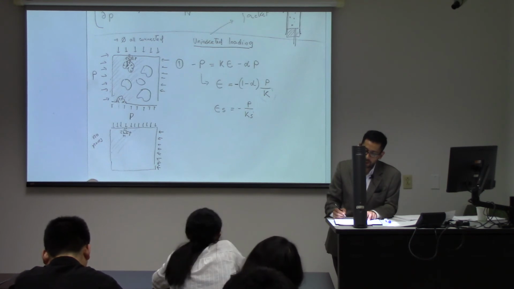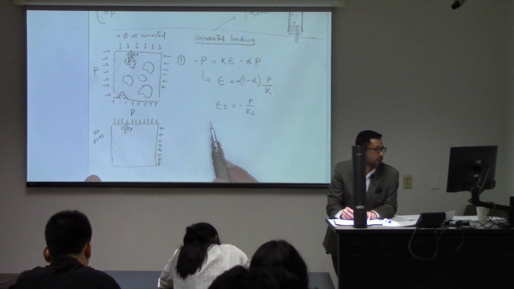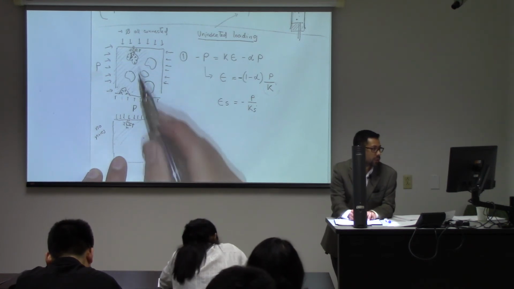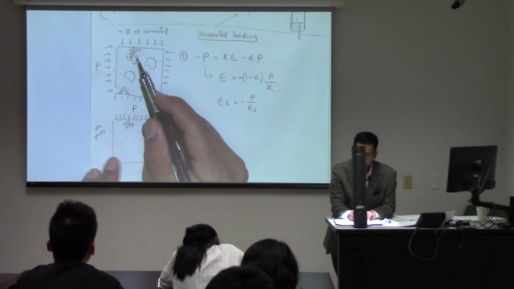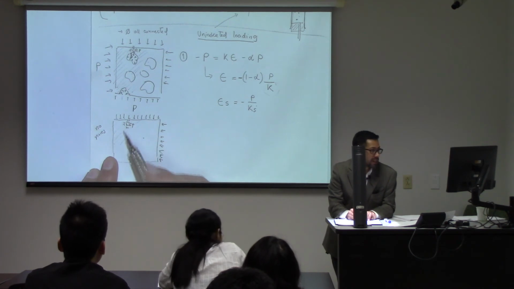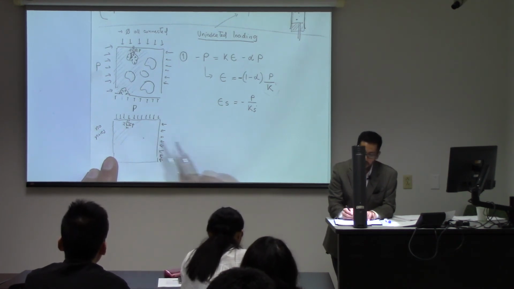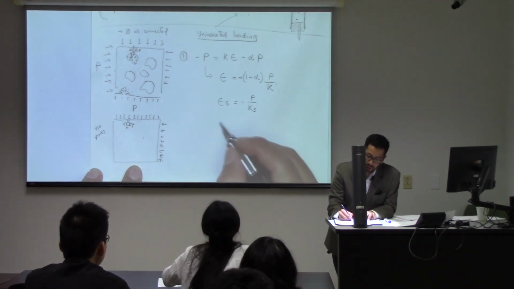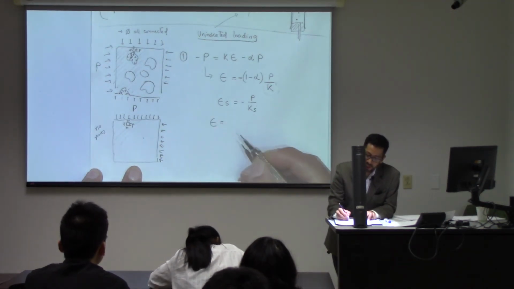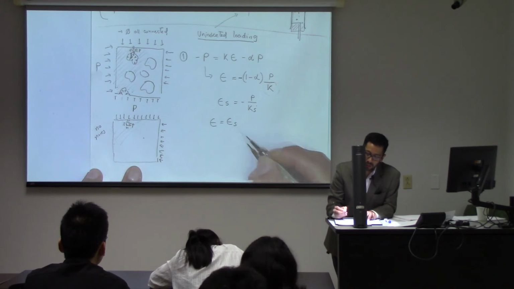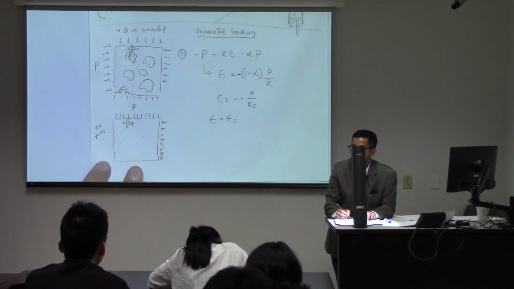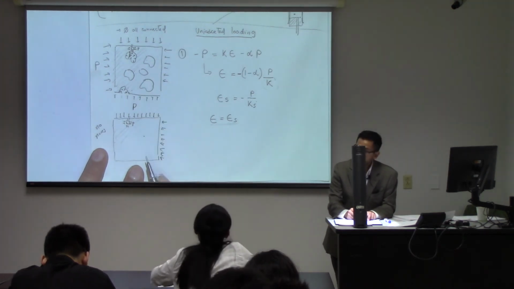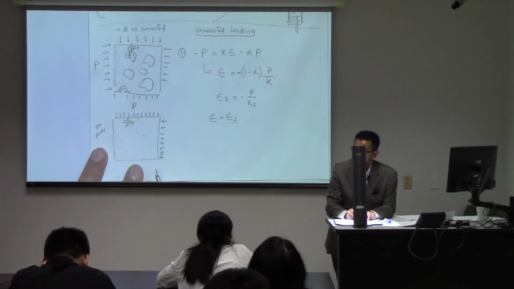Okay? And notice that this is very similar to that one. In the pores, I have the same pressure, and it will be exactly the same as that. The bulk strain is also going to be, for this unjacketed test, equal to the solid strain, because these two loadings are the same.